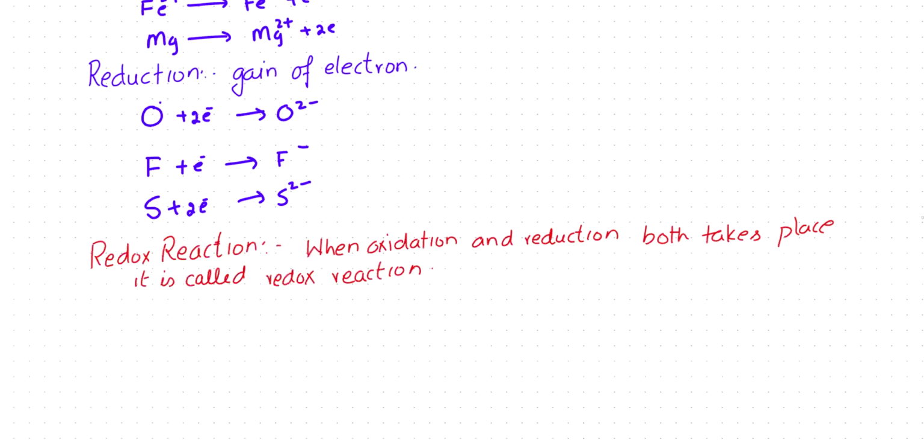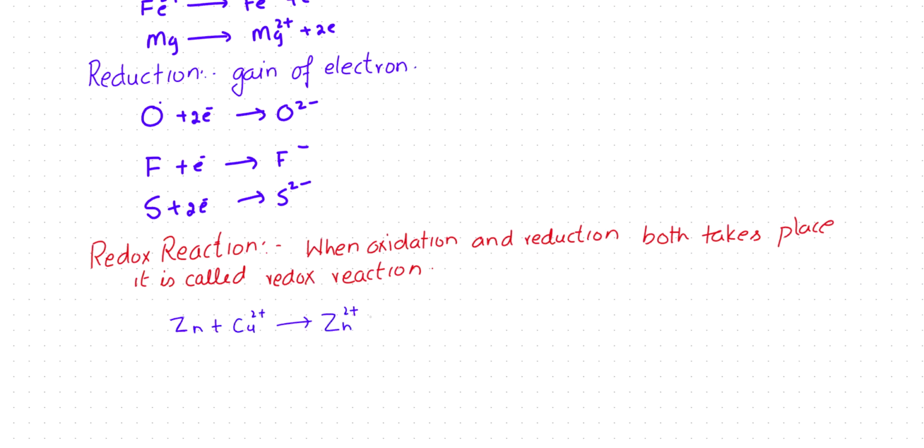A redox reaction is when oxidation and reduction both take place. For example, zinc plus copper 2 plus ion forms zinc ions and copper.